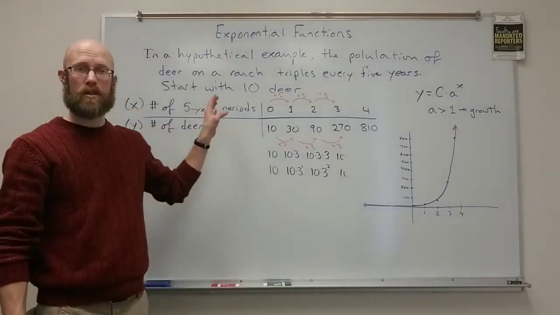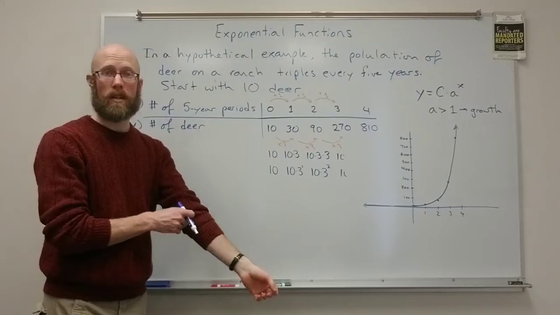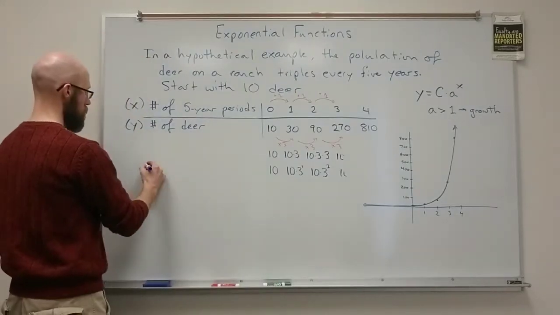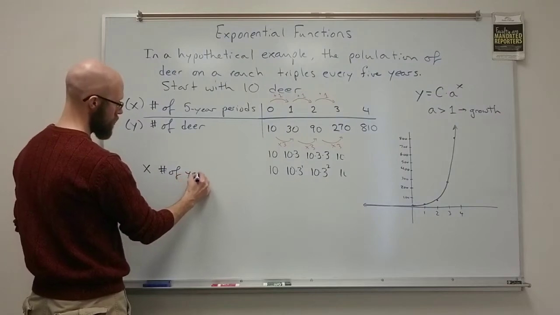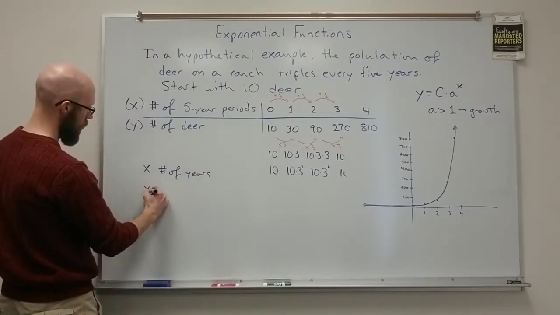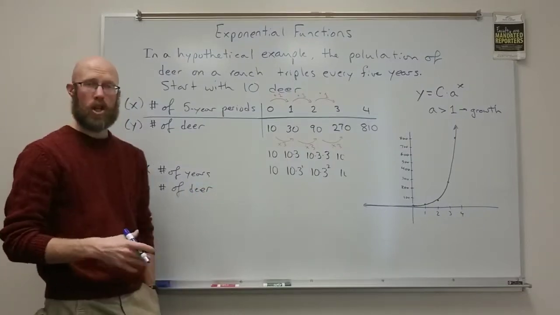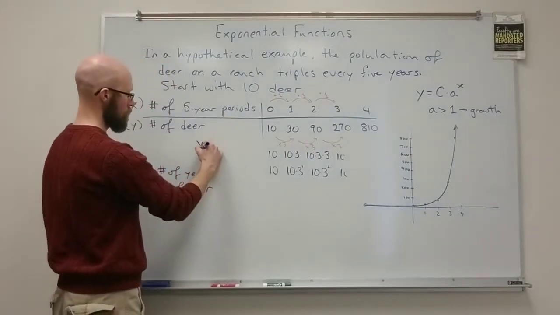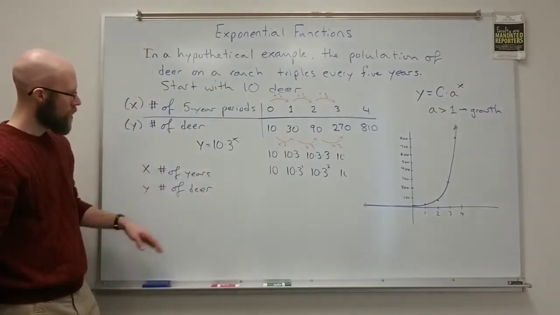Now, I could have changed my inputs from the number of 5-year periods to the actual number of years, right? That would have worked also if I had done x is number of years and y is number of deer. It does change the model slightly. This one was 10 times 3 to the x, just so I have a reference.